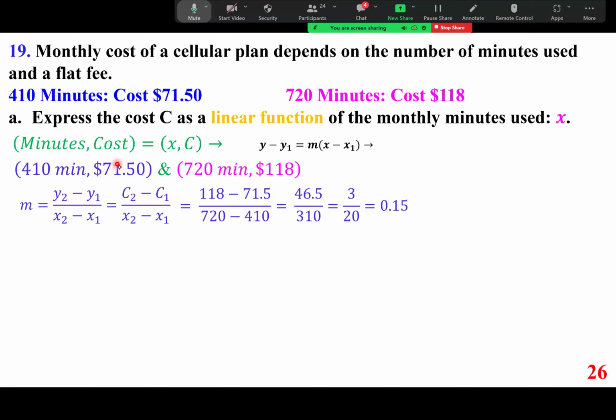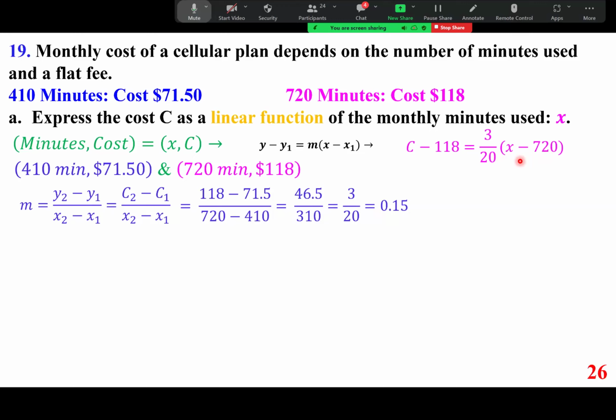Y minus y1 equals m times x minus x sub 1. And so everything remains, and what we change is the y. We are going to say c minus c sub 1 is m times x minus x sub 1. And we can use one of those pairs. It doesn't matter which one. For example, c minus 118 is 3 over 20 or 0.15 times x minus 720.